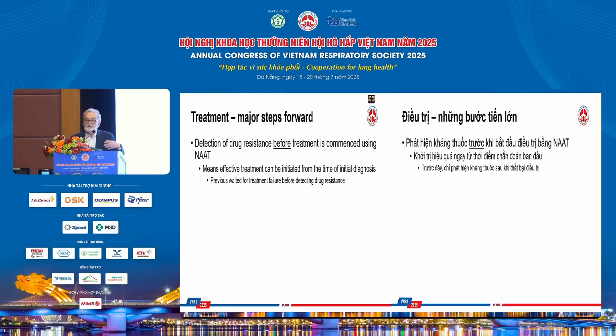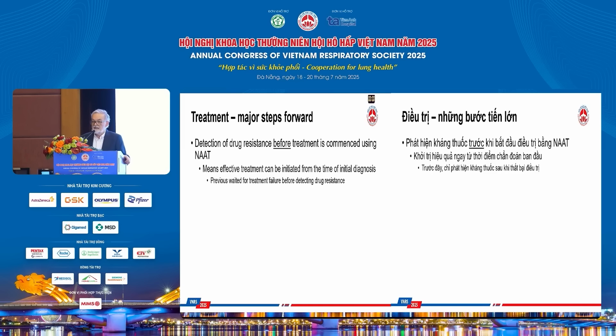So you would treat patients with the standard treatment for drug-susceptible disease, and after 6 months you'd realise that they had failed treatment, and you'd diagnose drug-resistant disease and put them onto another regimen. By that time, the patient had become much sicker and had probably infected a whole lot of other people. That was a disaster for the patients and a disaster for public health.